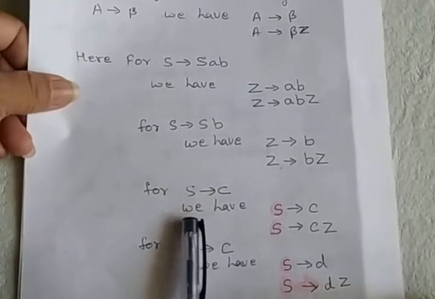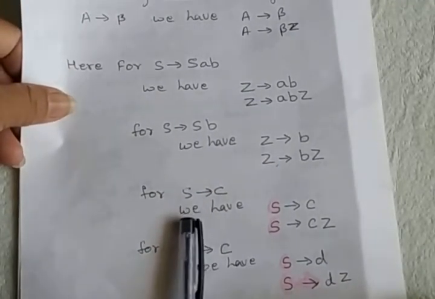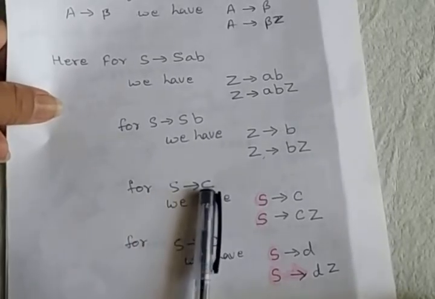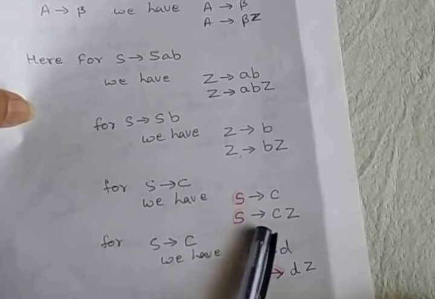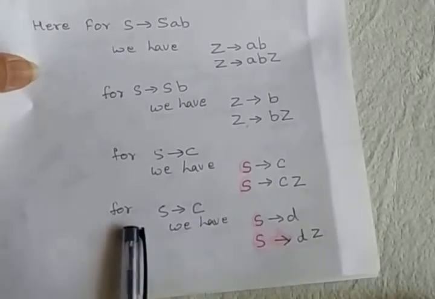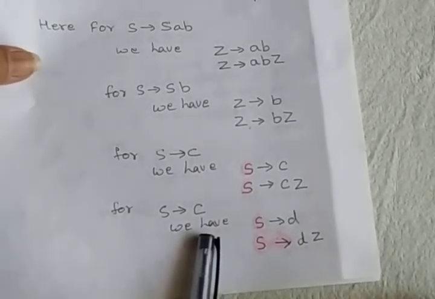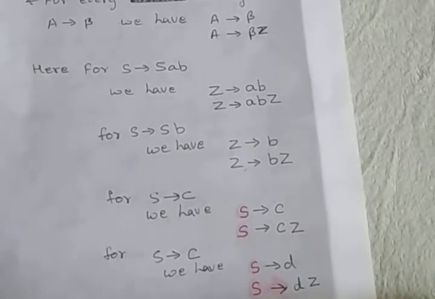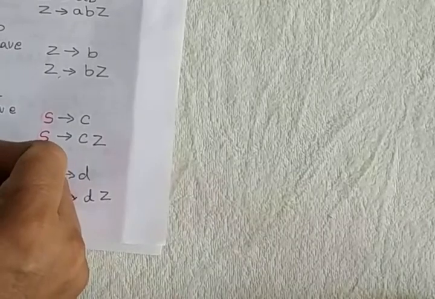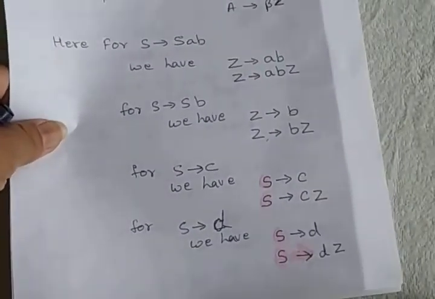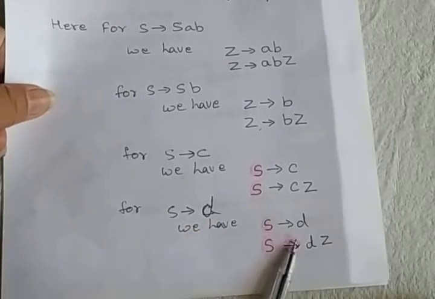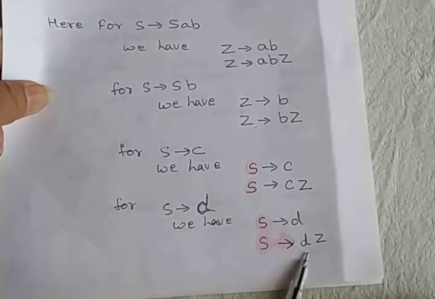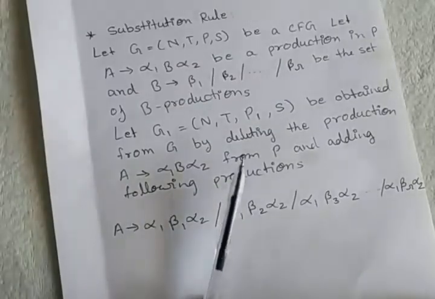Now for the non-left recursive rule S tends to C, we again have two rules, S tends to C and S tends to CZ. And for the final rule, S tends to D, we will have two rules, S tends to D and S tends to DZ.